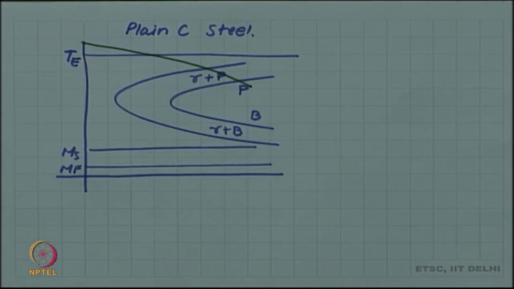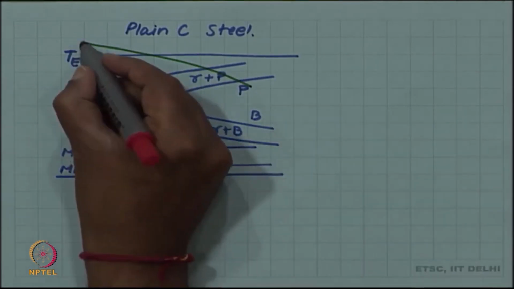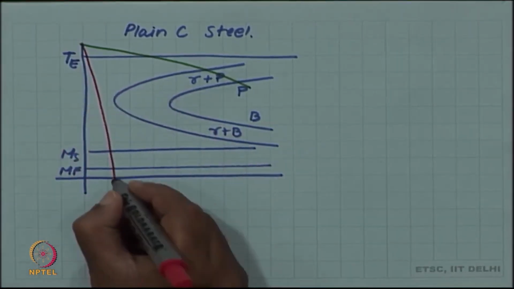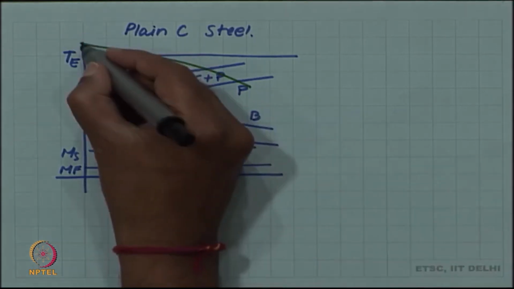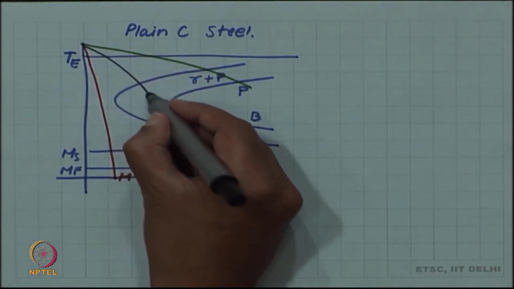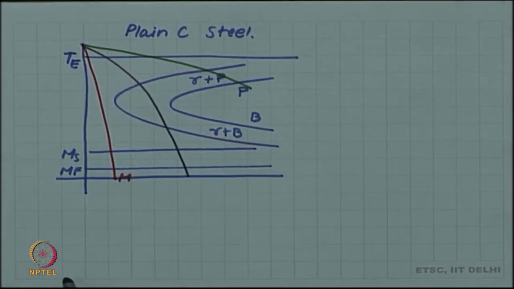If I cool very fast, I form martensite, but there is no way for continuous cooling to produce bainite. Of course, I can have an intermediate cool. Some of you may be thinking, what will happen if I cool at an intermediate rate like this.